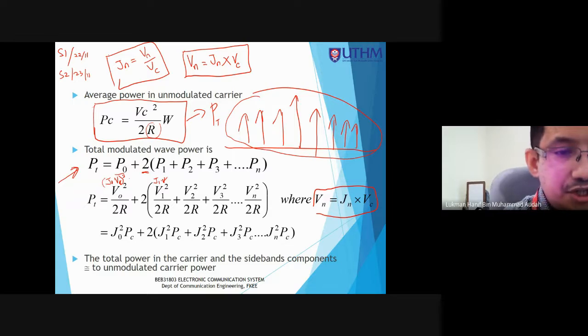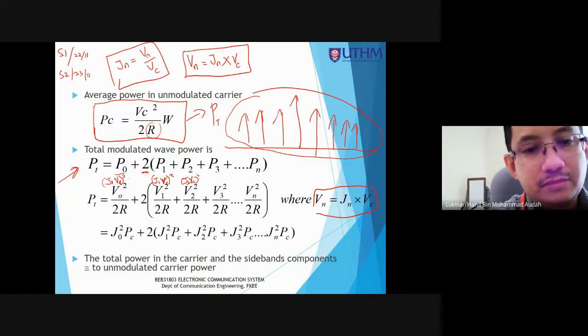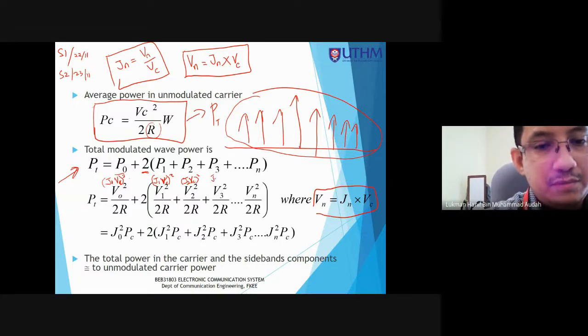This one is J1 Vc square. This one is J2 Vc square. This one is J3 Vc square, up to Jn Vc square.